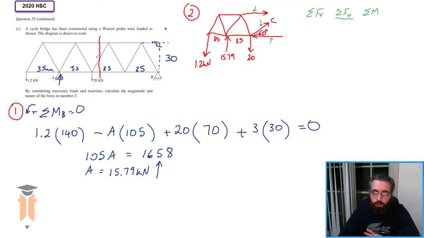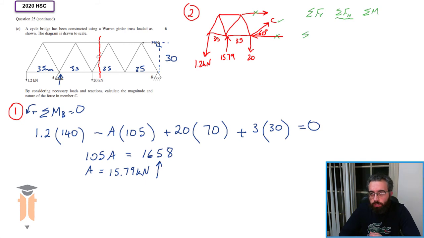So I've got way too many unknowns, hence I can't use that equation to solve the problem. However, if I was to use the sum of forces in the vertical direction, this has no vertical, this has no vertical, this does have a vertical, so that means I only have one unknown force in the vertical direction. So that's the equation I'll be using.